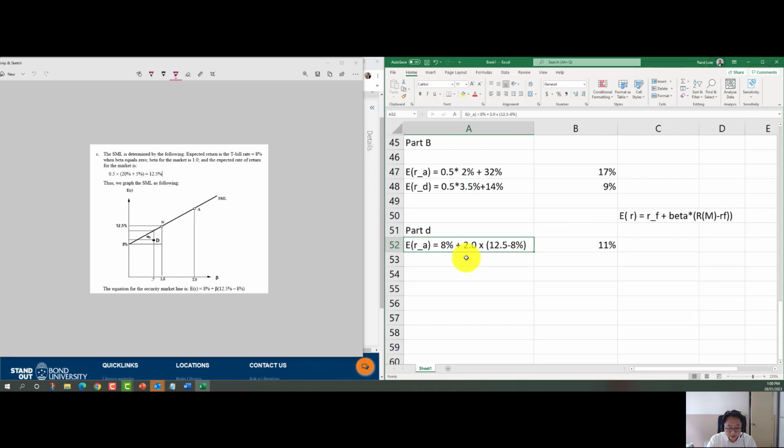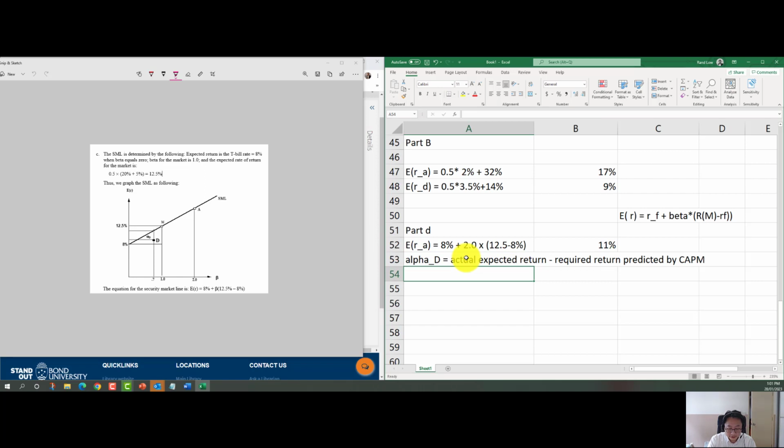So the security analyst's estimate for the return on D is only 8.75%. To calculate the alpha, this is the actual expected return minus the required return predicted by CAPM.